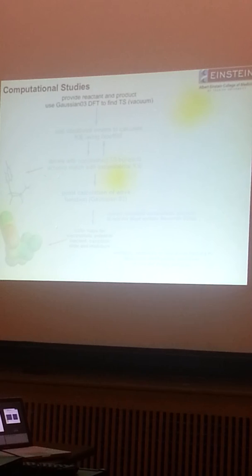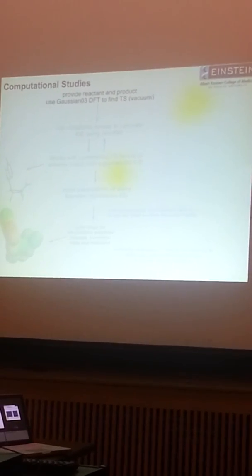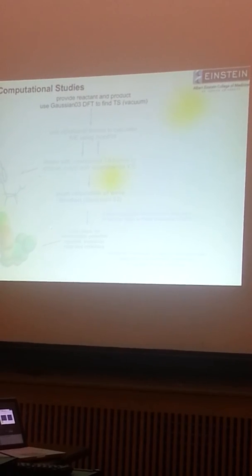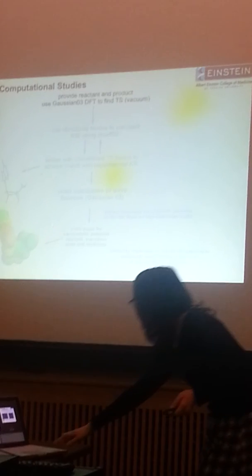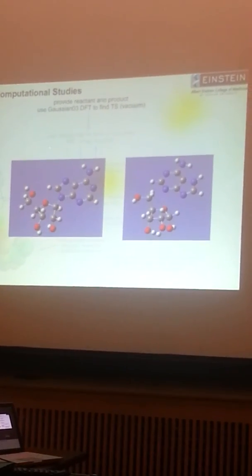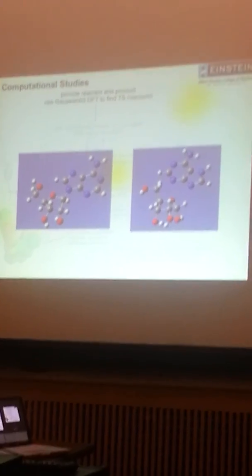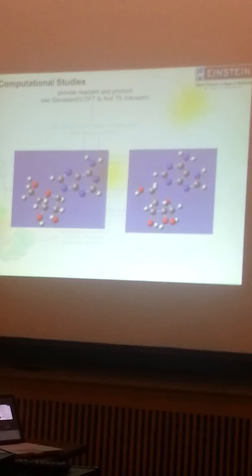For the computational study, first you will provide the reactant and also the product with the Gaussian software. Let's look at the structure. Here shows the substrate, and here the product. If you compare these two structures, the CN bond will be cleaved.